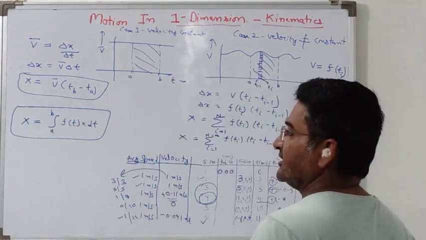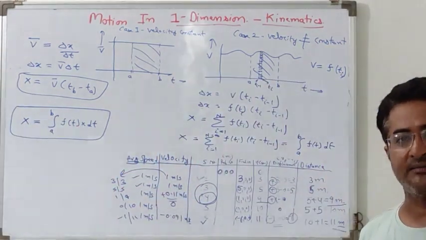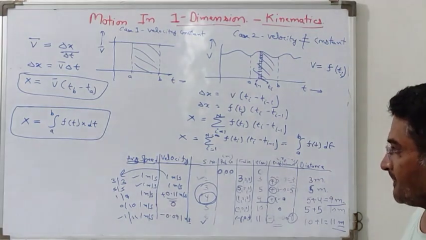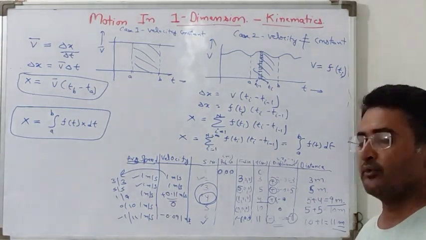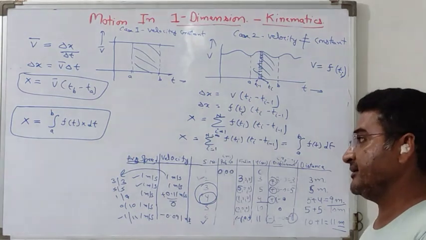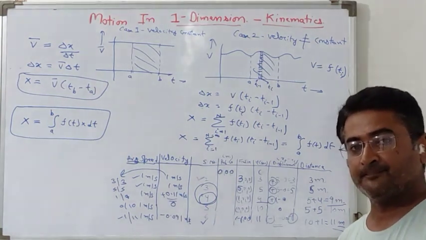So this is the definite integral, and it has some definite value. So this is how we do integration and find the physical quantity involved.